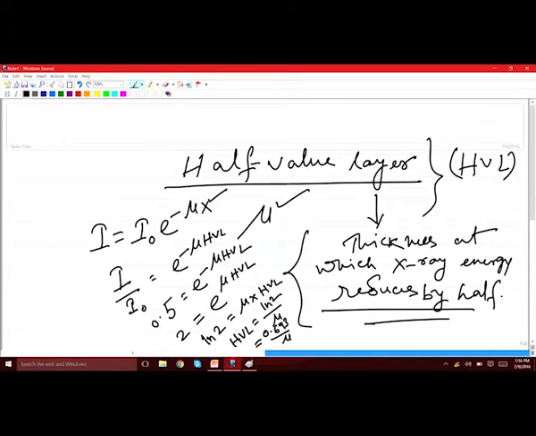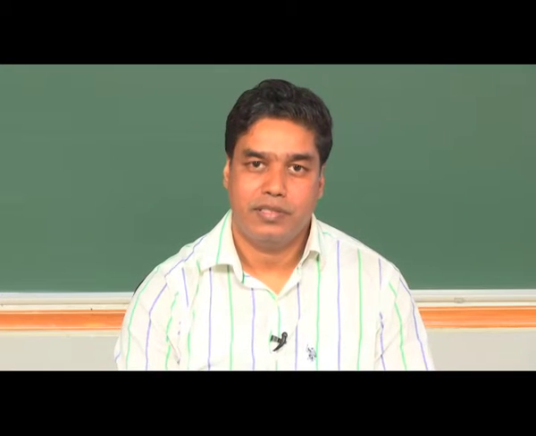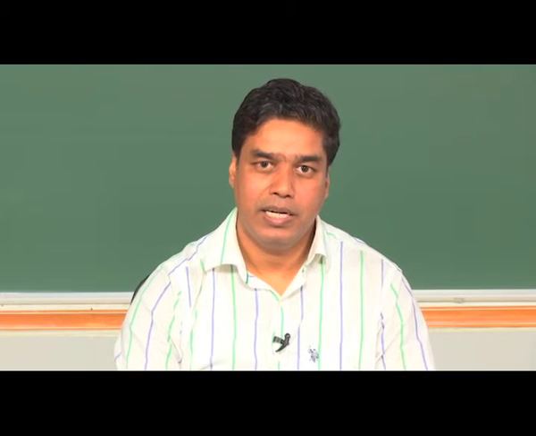So, this is the parameter which can be used for designing shielding vaults and shielding chambers. So, this will give you the thickness which is needed to completely shield the X-ray radiation.